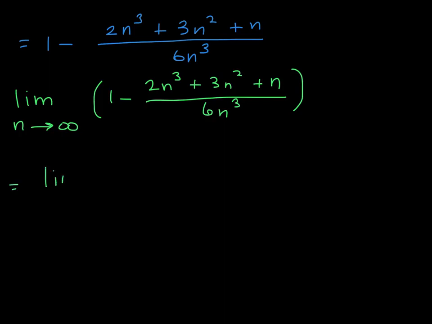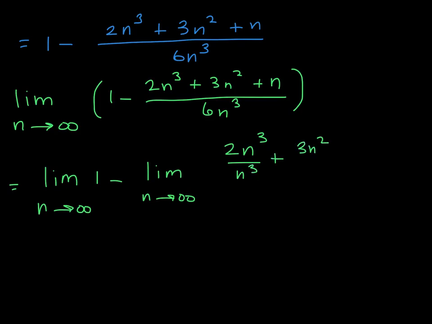The limit as n approaches infinity of 1 minus the limit as n approaches infinity of 2n cubed over n cubed plus 3n squared over n cubed plus n over n cubed, all of that over 6n cubed over n cubed.